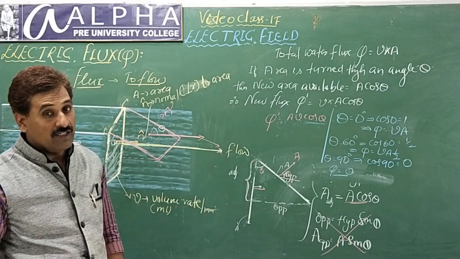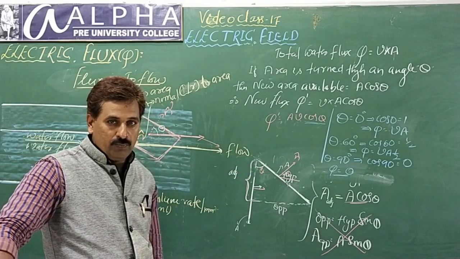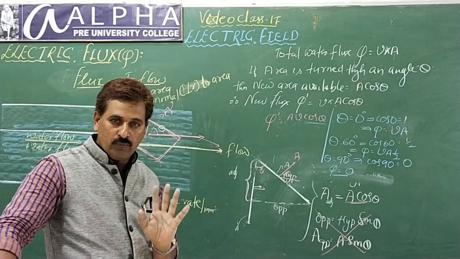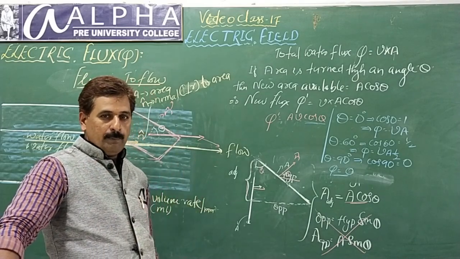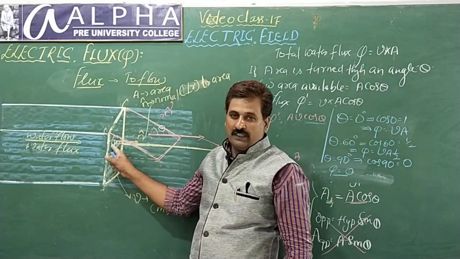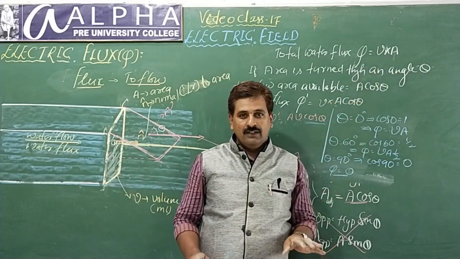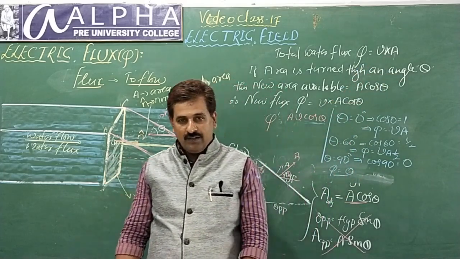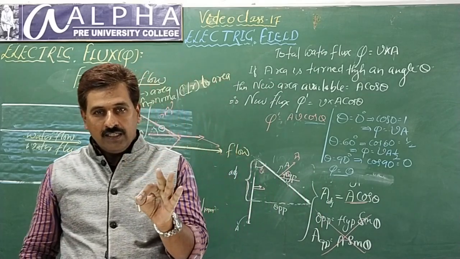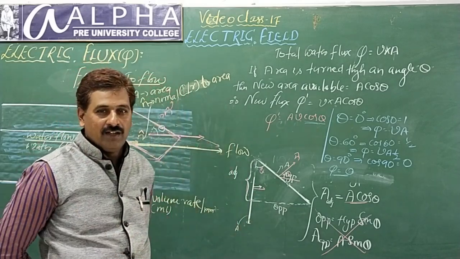Students, unlike numbers, where I wrote a value, 1 mango 10 rupees into 50 mangoes gives 500 rupees, that's 500 only. But here, the value of water flowing through each cross section, V into area A, is not a constant. It has a special property that the value VA changes with the orientation of the area.